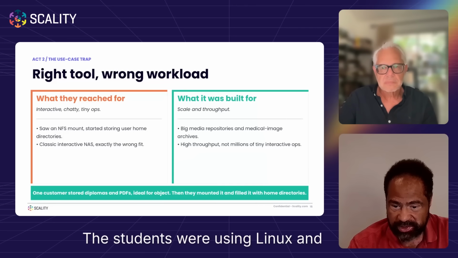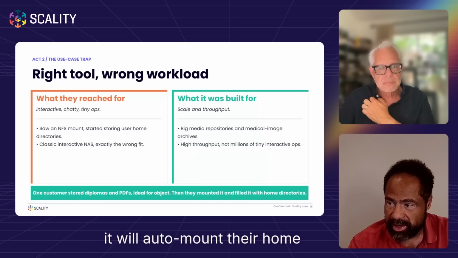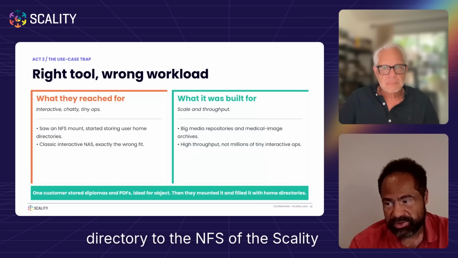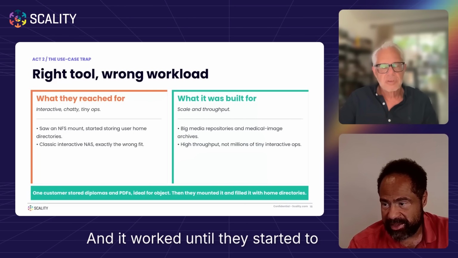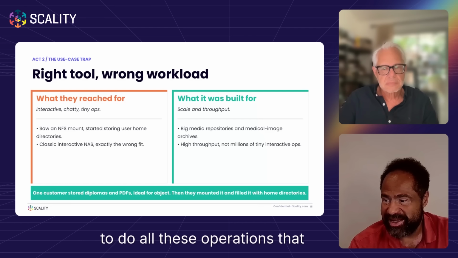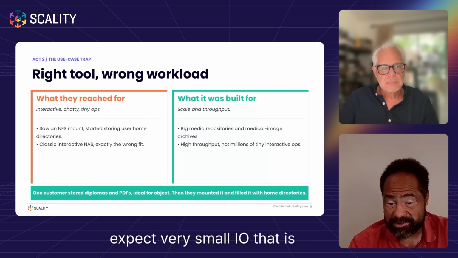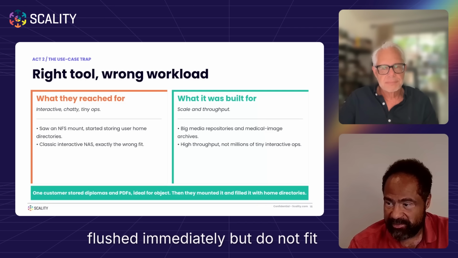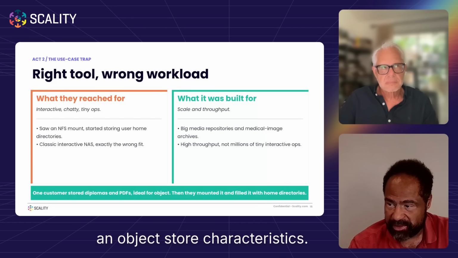So the students were using Linux, and it would auto-mount the home directory to the NFS of the Scality system. And it worked until they started to do databases, to do Git checkout, all these operations that expect very small I/O that is flushed immediately, but do not fit an object store's characteristics.